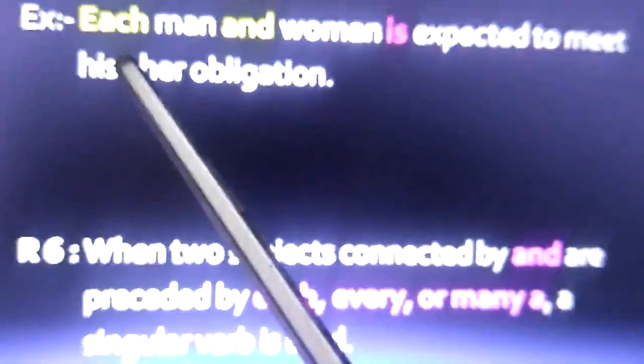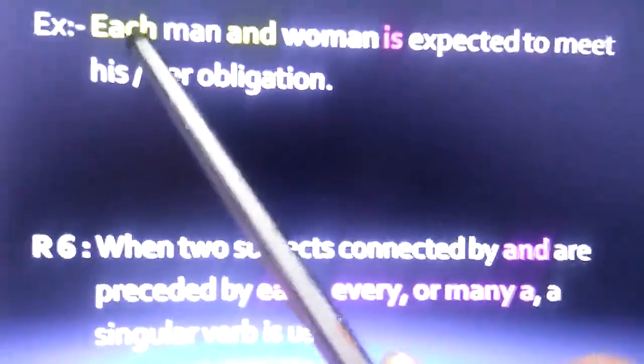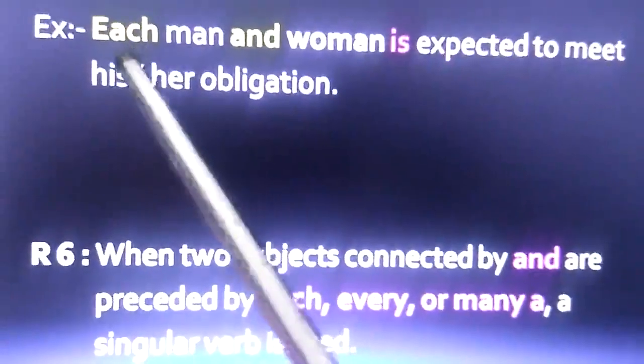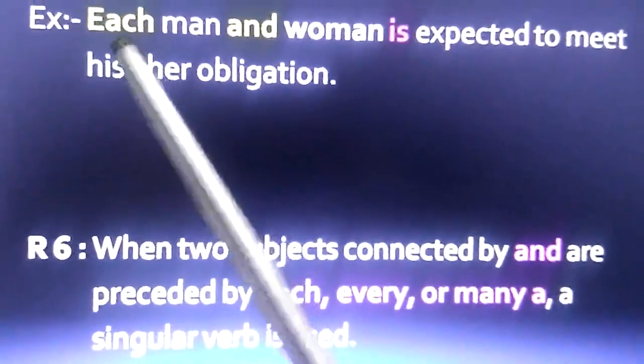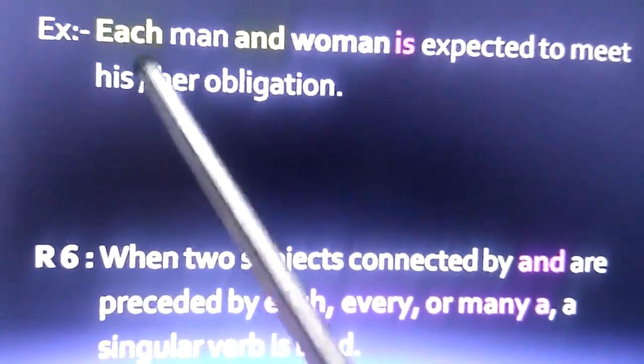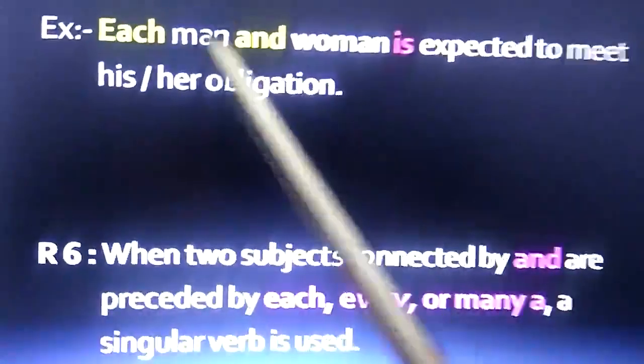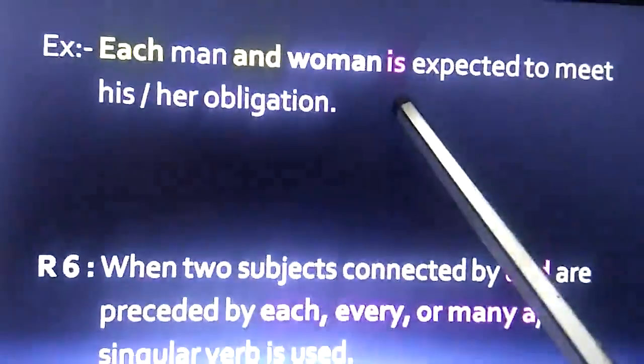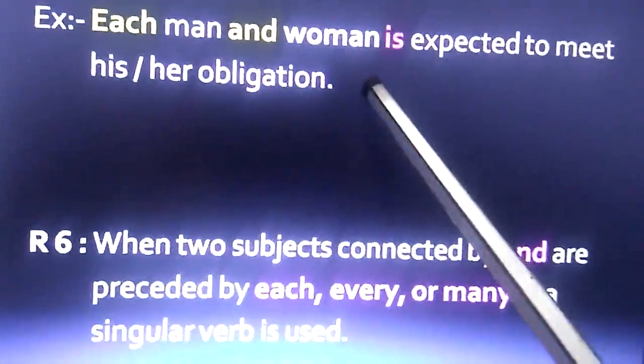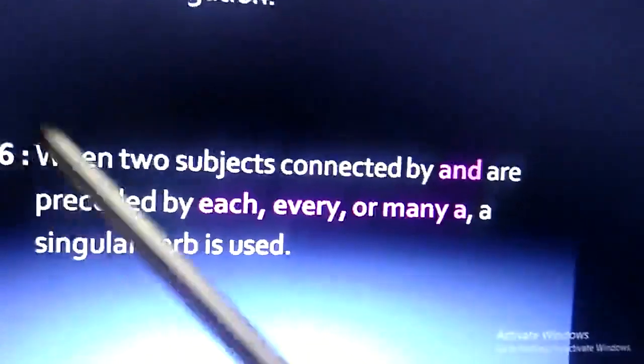So each, of course, we have two more words also: each, every, many a. So these three words, if you see, if these words precede singular nouns which are connected by and, then we have to use a singular verb to express such sentences. See here, when you read the rule, you can understand better.